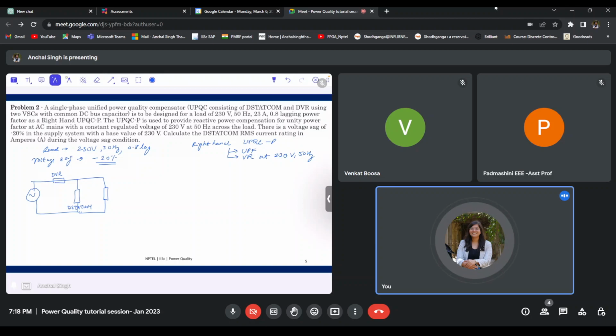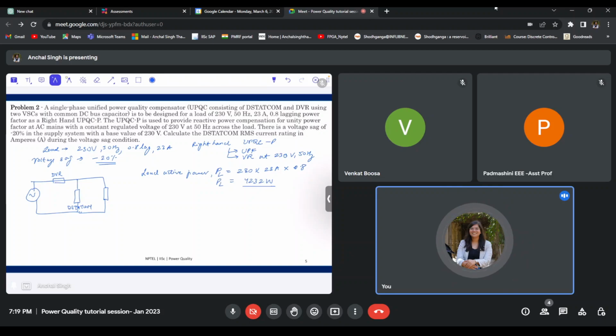So let us again start with calculating the load active power component. Let us say load active power is denoted by PL, which is given as 230 into current, which is 23 amperes, into cos phi, which is 0.8, which gives 4232 watts.